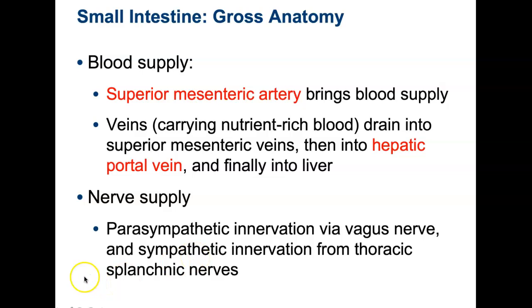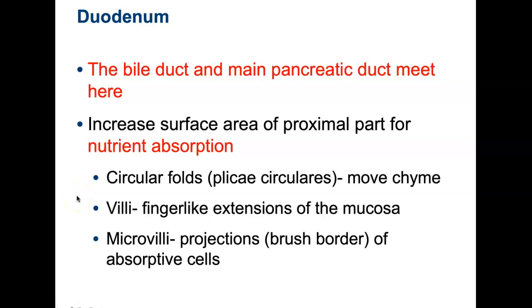the small intestines. So what's special about this duodenum section of the small intestine? Well, we've already seen this is where the bile duct and the main pancreatic duct meet. So remember, the bile duct is depositing concentrated bile to break down fats.